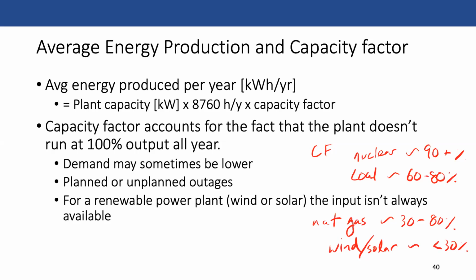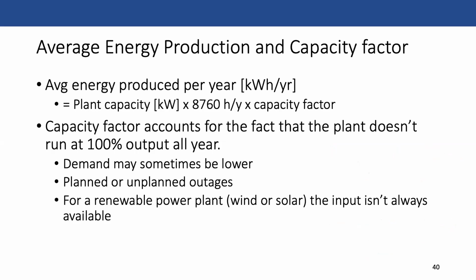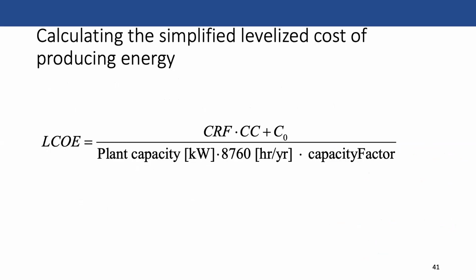Solar would be really high at like 20 to 25%, but you're usually talking about 15% on average for most places that have solar installed. Okay, so this is reiterating, again, simplified, right? Because this term is not discounted.